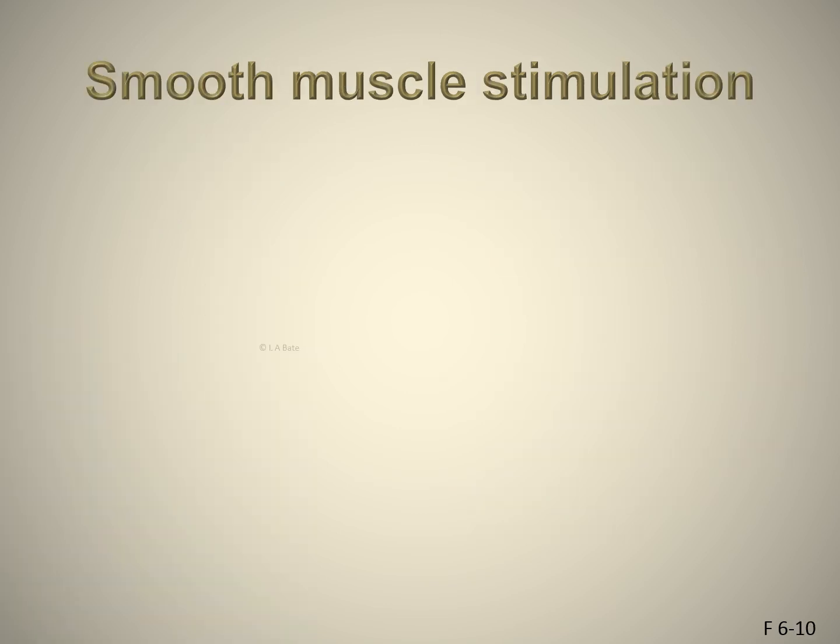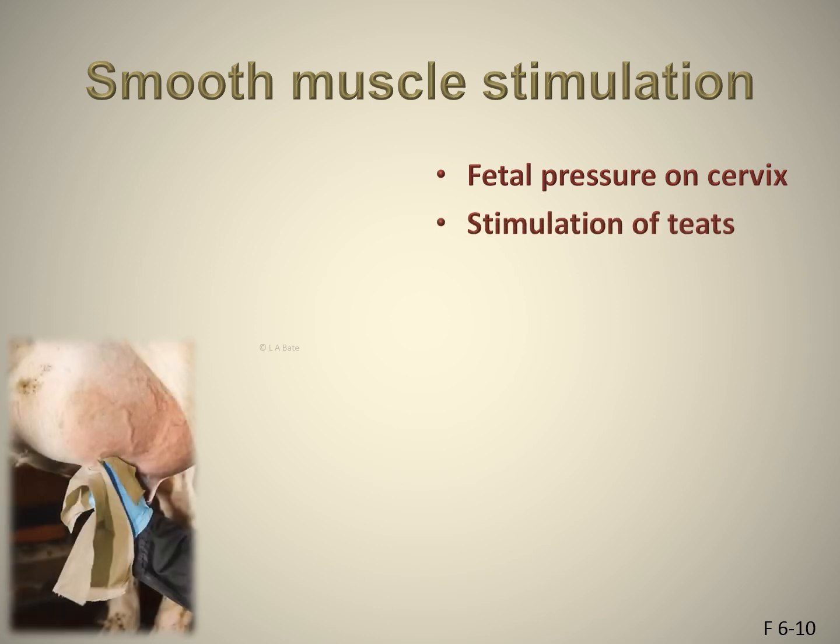Our last example for today deals with the stimulation of smooth muscles. This can be triggered by several situations. For example, the pressure that the fetus applies on the cervix, or the physical stimulation done on the teats of the cow prior to milking while cleaning them.